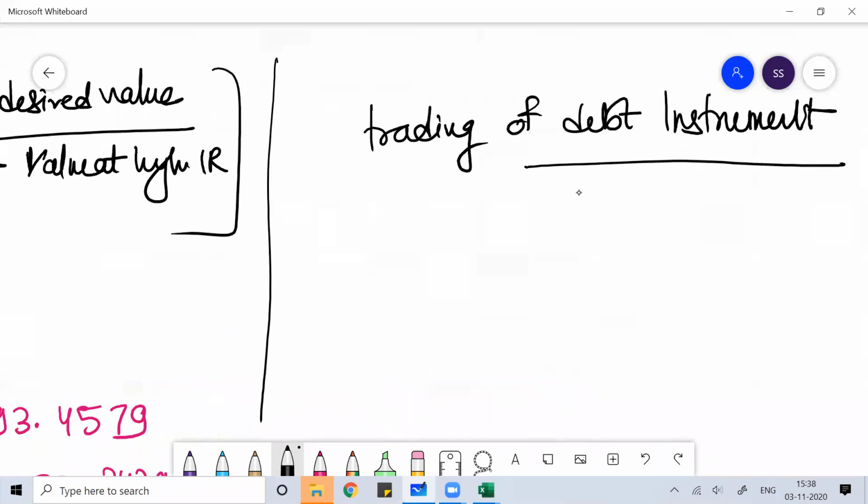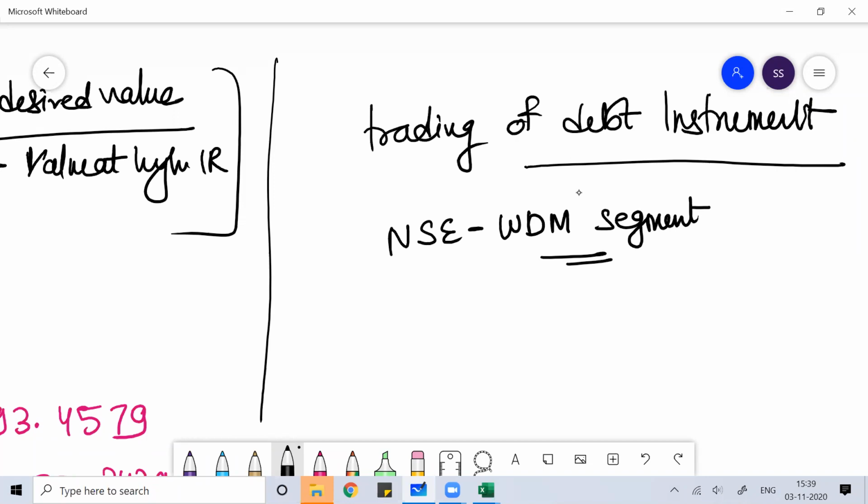It's not like you buy the debt instrument for the price and then wait for maturity, and on maturity you get the face value. In reality, in NSE there's a segment, the wholesale debt market segment, where the debt instruments are traded.